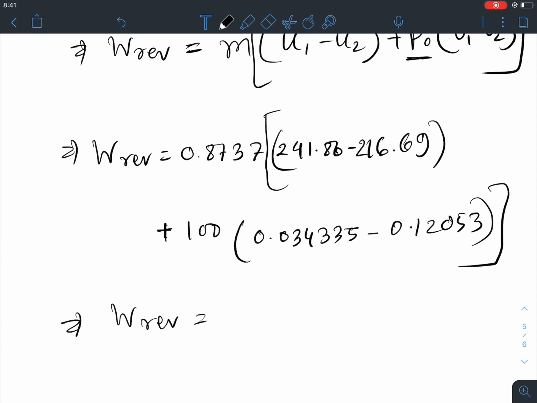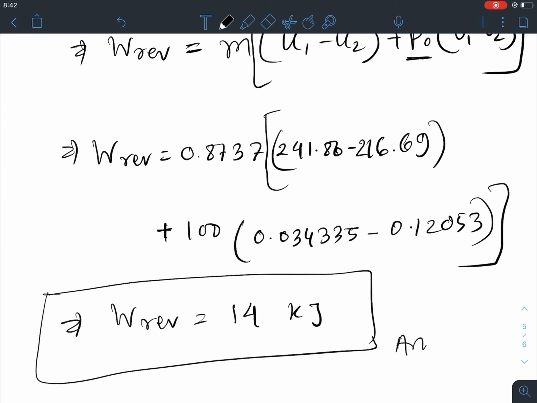So if I solve this, W reversible equals 14 kilojoule, right?